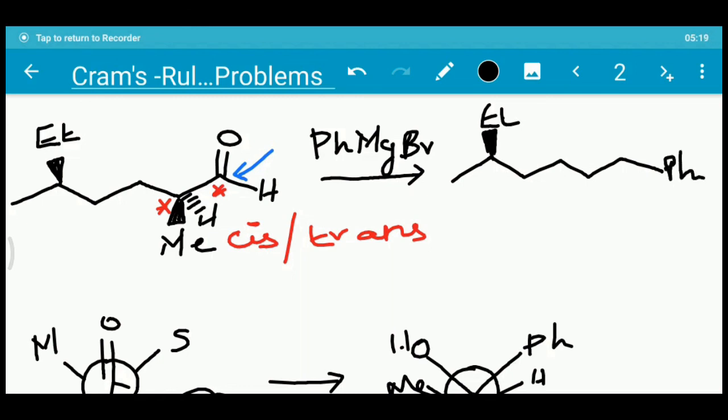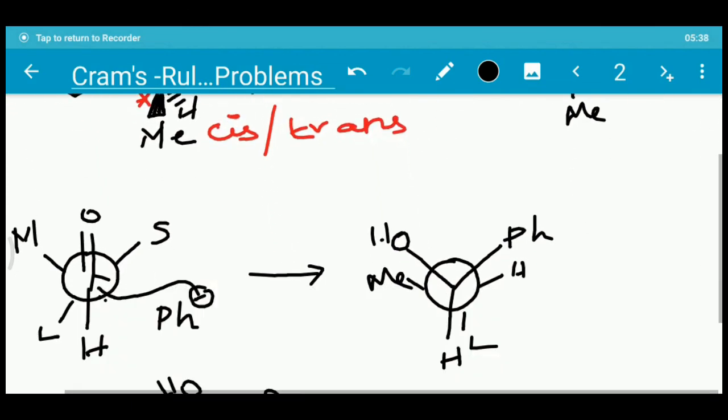So we have our phenyl group here. Therefore, our OH should be somewhere here. So this is our OH, and our methyl is going to be somewhere here. And please remember, we have drawn the longest chain and the phenyl anti to each other. Let us come back to this.